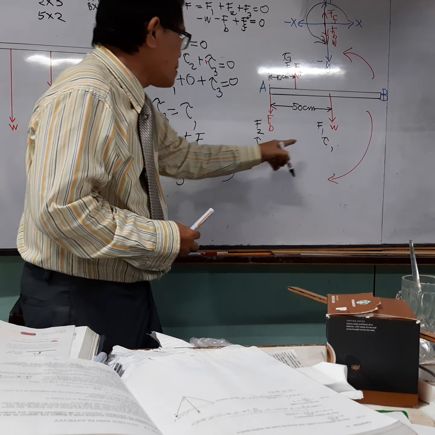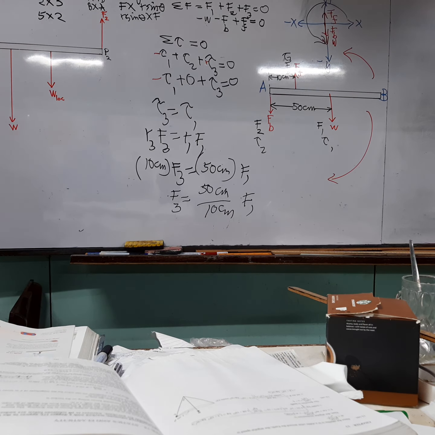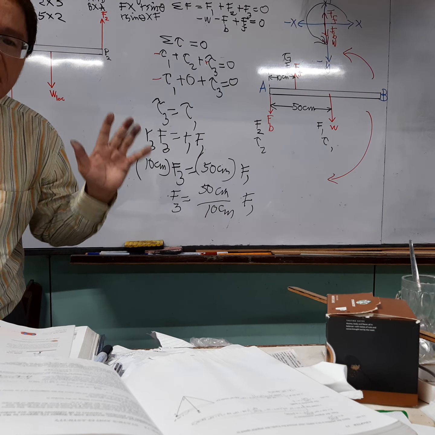And so, our F3 is equal to 50 cm over 10 cm times F1. Then our F1 equals W. You can solve the problem. Just do the proper substitution. Do that step by step.